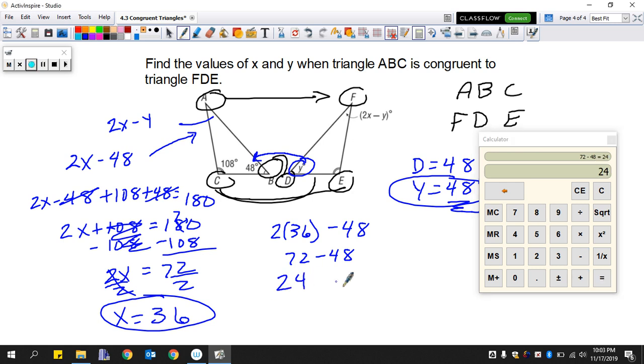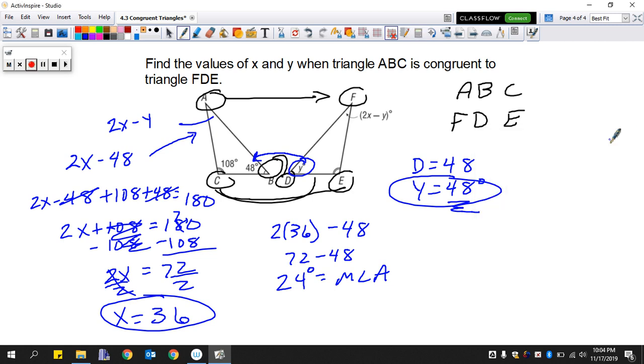So that measure is equal to the measure of angle A. So when we add them all together, 24 plus 48 plus 108 is equal to 180 degrees, which is what we were expecting to find.